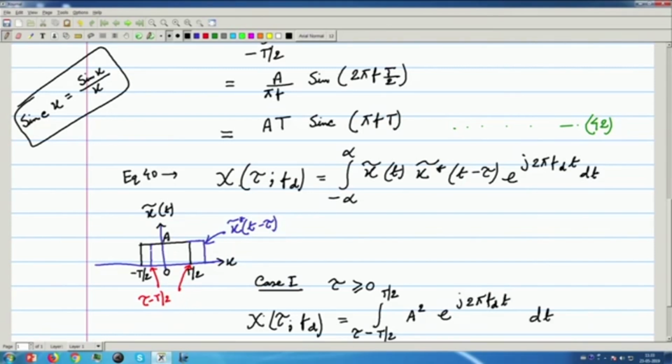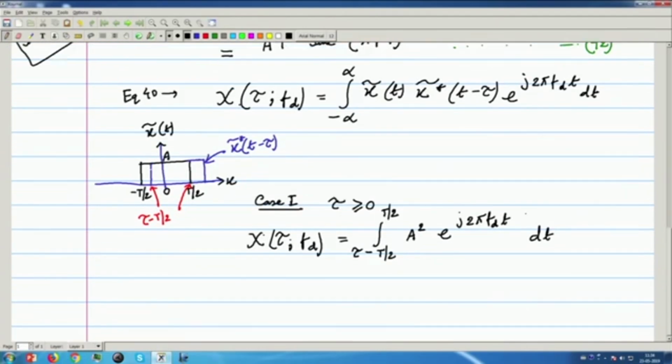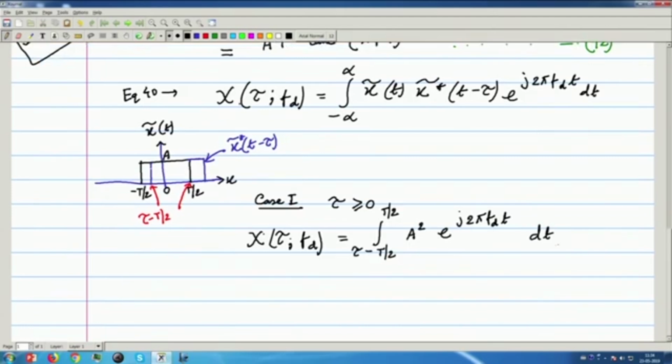This you can evaluate; after integration with respect to t, I can write A squared e to the power j 2 pi f_d t by j 2 pi f_d, with the limits tau minus T by 2 to T by 2.